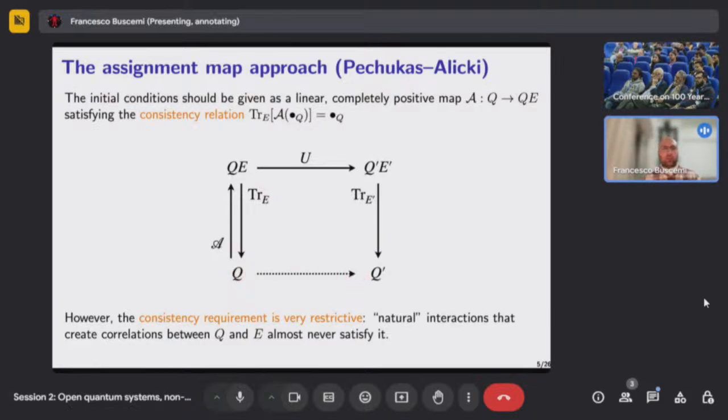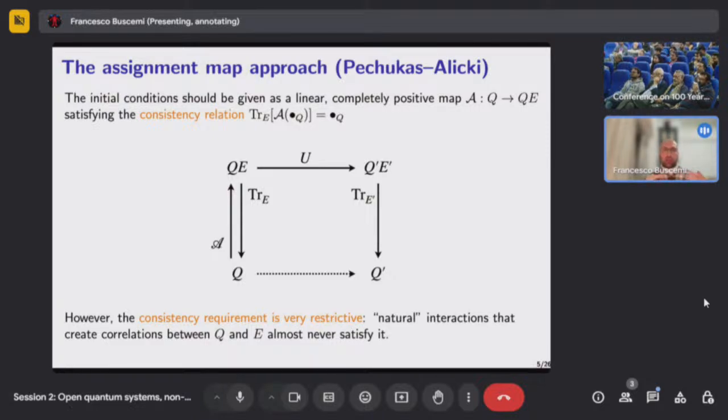So essentially, according to this approach based on the assignment map, the entire problem would reduce to understanding the properties of the map A. However, this consistency requirement, if you think about it, is very restrictive, right? If you have a natural mechanism that causes correlation between system and environment, typically such interactions would not satisfy consistency.